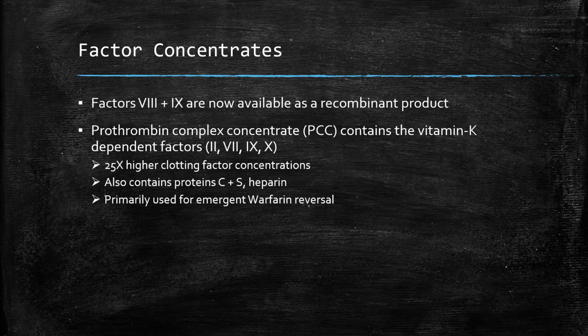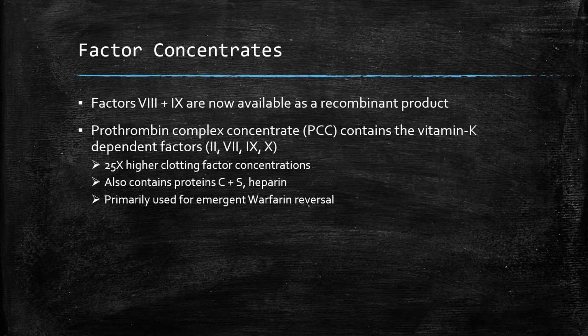Another very important product is prothrombin complex concentrate. This contains the 4 vitamin K dependent factors 2, 7, 9, and 10. This product contains a 25 times higher concentration of these factors than a standard unit of FFP.